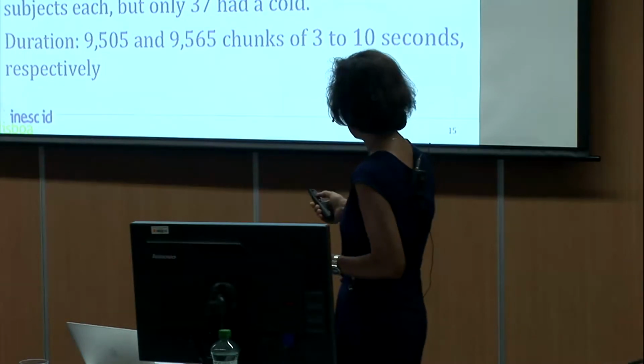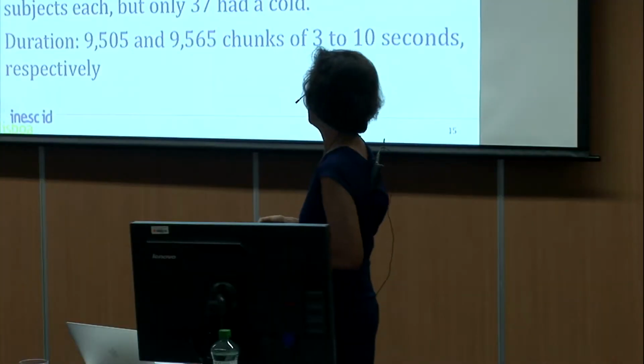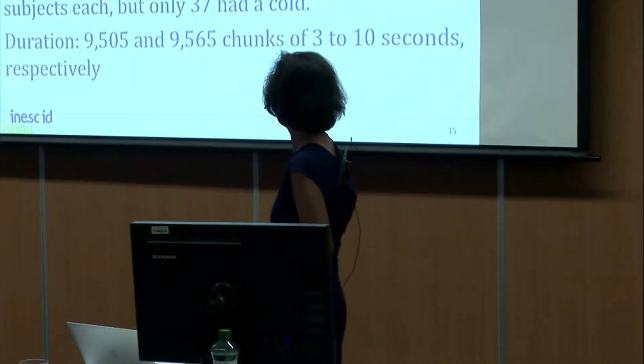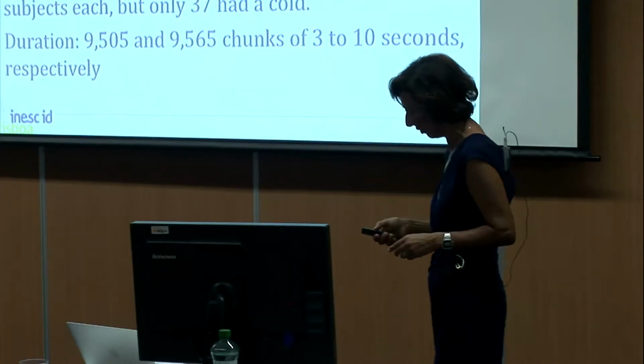We had three partitions: training, development, and test, but you don't have the labels for the test, so I'm going to talk only about results in the training and development partitions. They comprise 210 subjects each, but only 37 had a cold, so it's an unbalanced set. And the chunks are from 3 to 10 seconds.